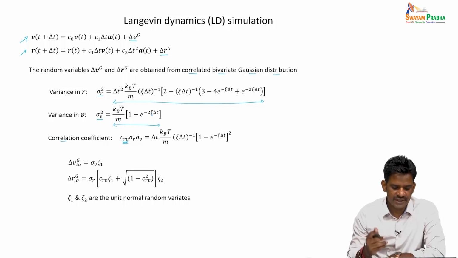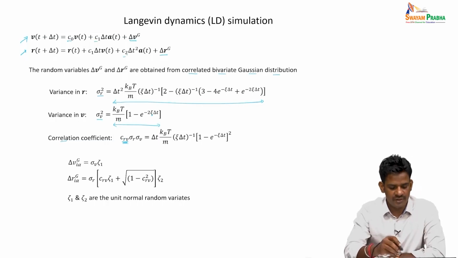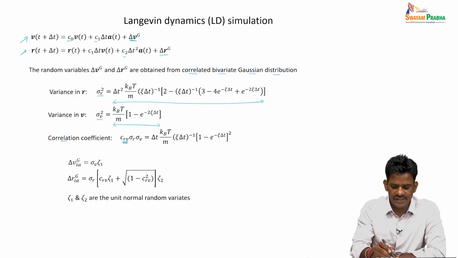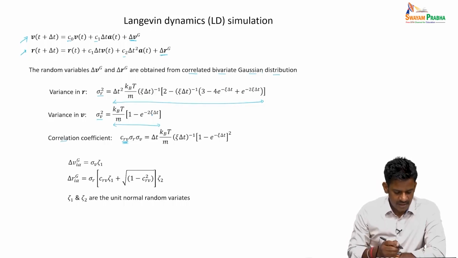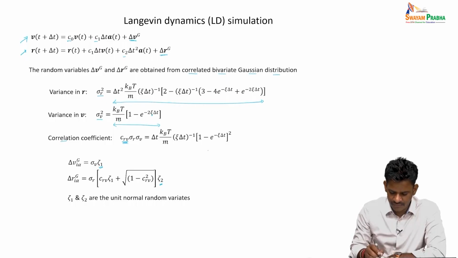So, now the question is, at any given time step delta t, we know all the numerical coefficients C0, C1, C2, and delta t is also known. We have to sample two random variables, delta v and delta r, from a correlated bivariate Gaussian distribution. And the way you do that is, you first generate two random variables zeta 1 and zeta 2.